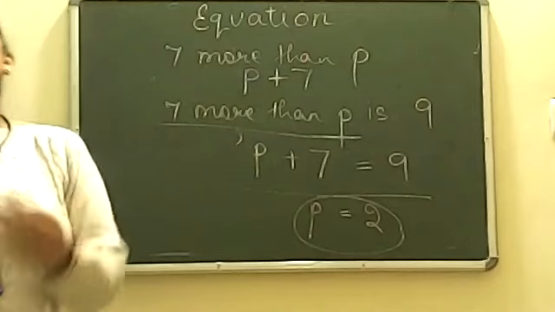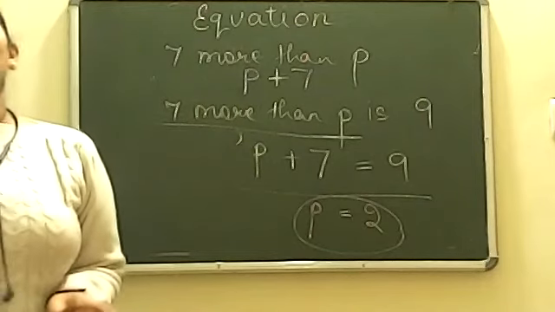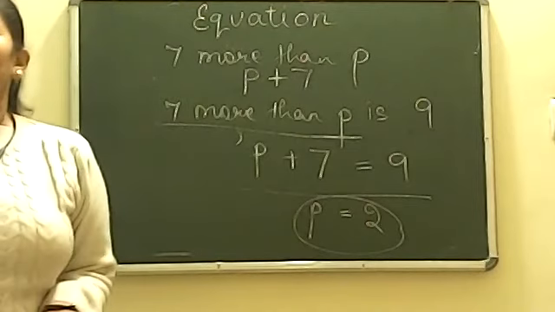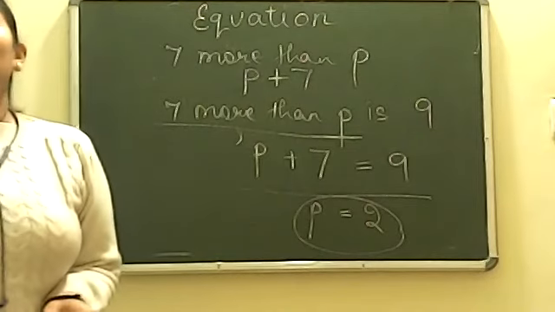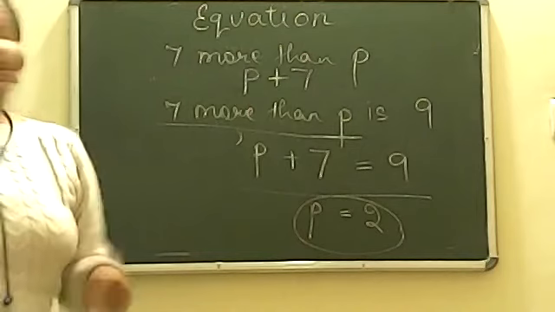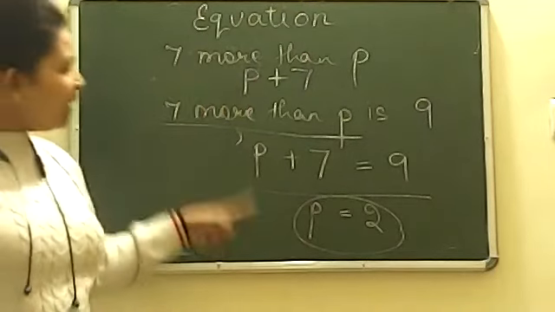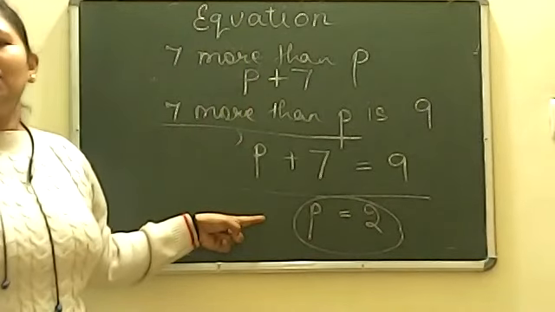I am just telling you that there is a number which is unknown, that is p, and we add 7 to it, that is p plus 7. Now what is the condition? Nobody knows. So in this case we are not able to solve it. But in this equation we are able to solve it.